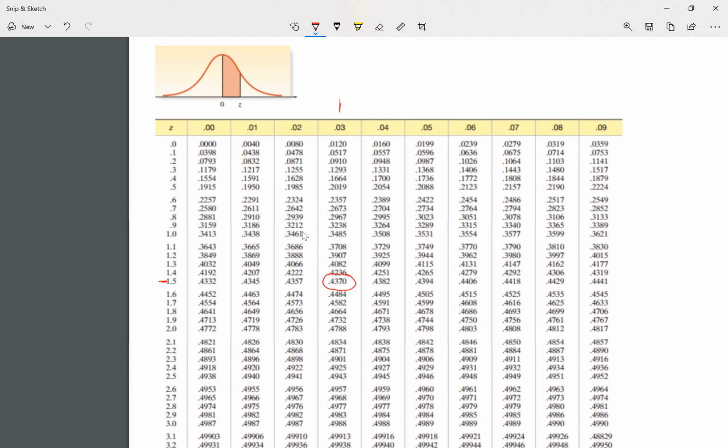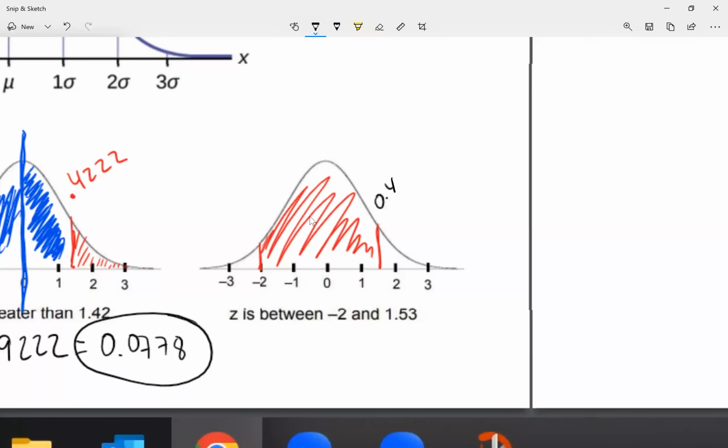So for 1.53, I'm going to use the number 0.4370. Let me write it down, 0.4370. What's that part? That is just this part. Okay, so I got part of it.